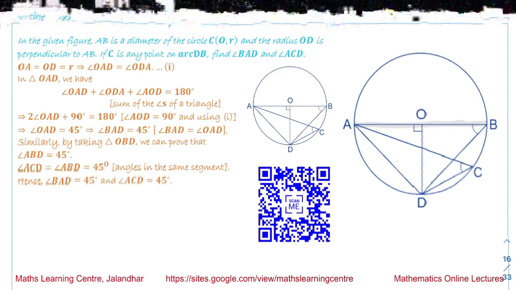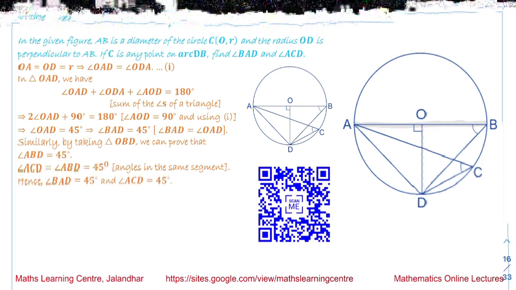In this question we are given that AB is the diameter of the circle, and the chord CD and the radius OC are equal.